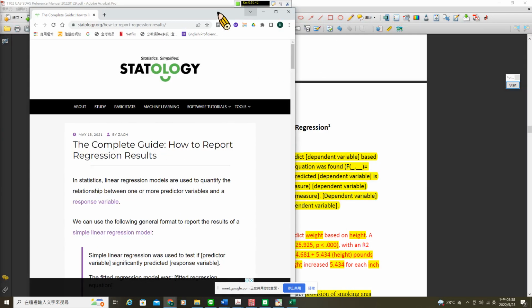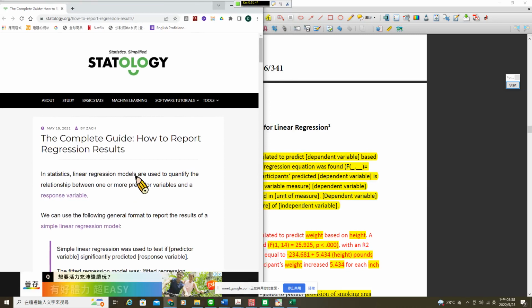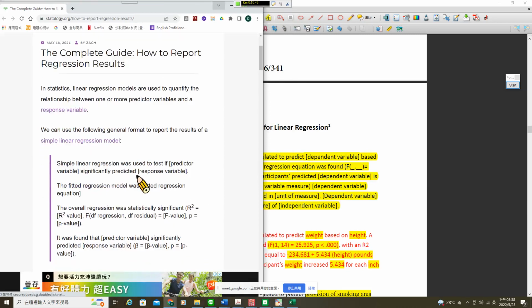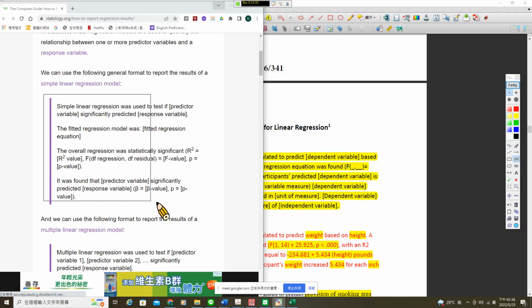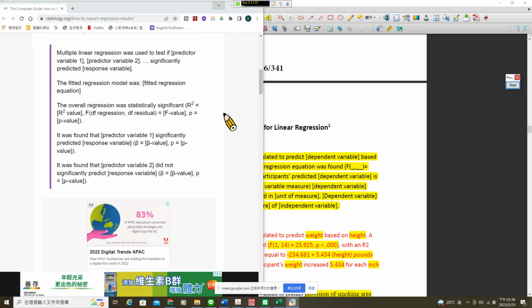So you can see what is the format to report. So basically, we need to report the information here. Okay, so this is something we need to report. This is one form. And this is the template, the model, and here is the example.